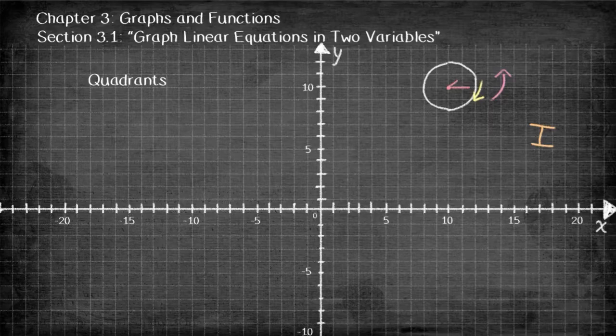And that means that the next number is going counterclockwise. So the second quadrant is in the top left. Go to the next one, again, counterclockwise. And again, there are the quadrants 1 through 4.